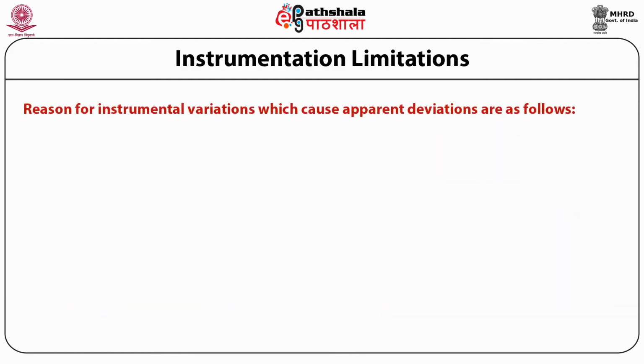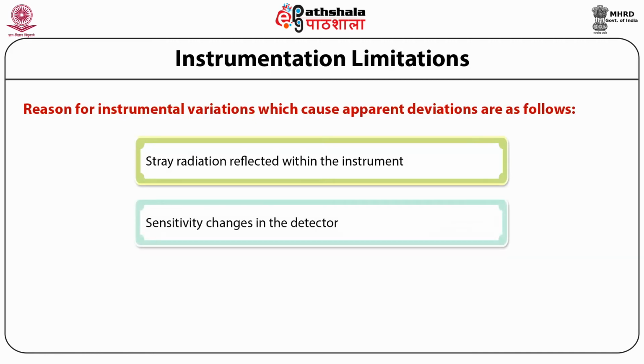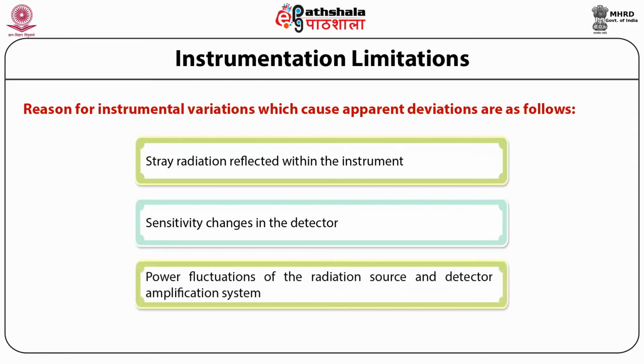Instrumental variations which cause apparent deviations are as follows: stray radiation reflected within the instrument, sensitivity changes in the detector, and power fluctuations of the radiation source and detector amplification system.